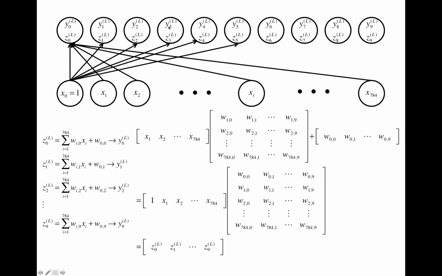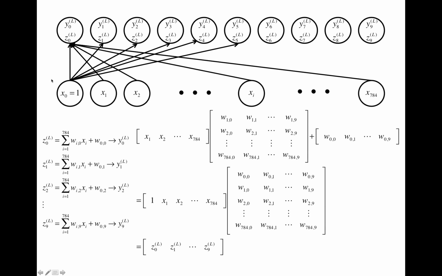Suppose the subscript is i here. We can understand yi as the probability of the input handwritten image being the digit i. So every input is connected with every output.